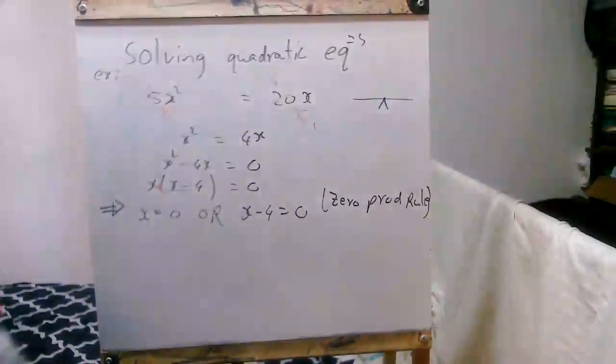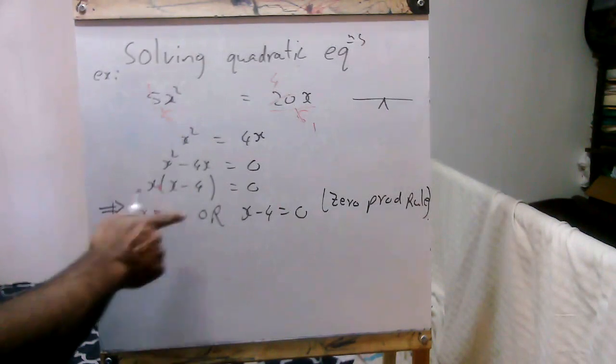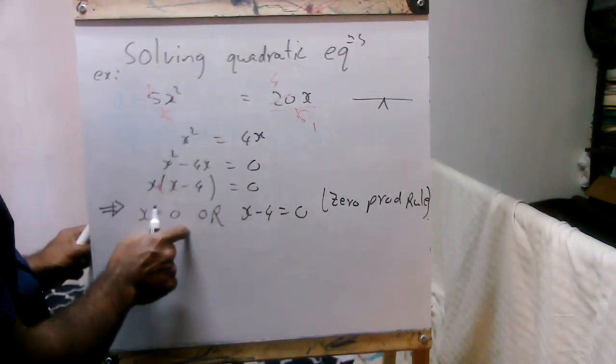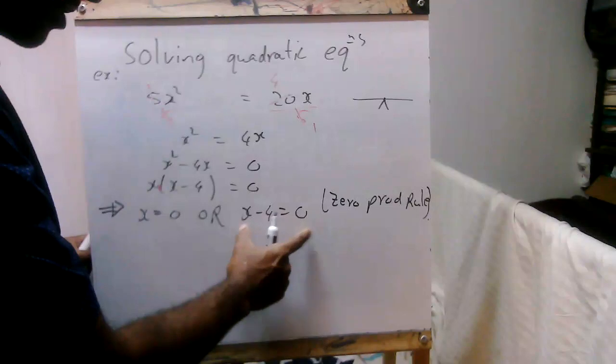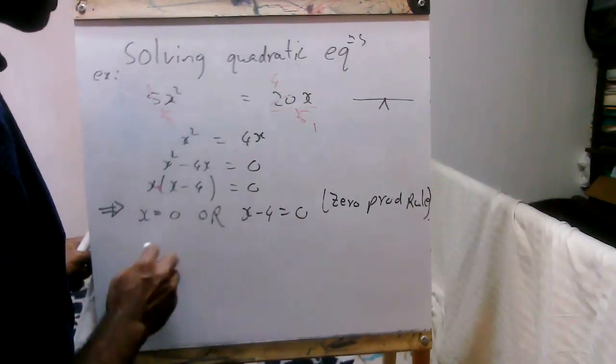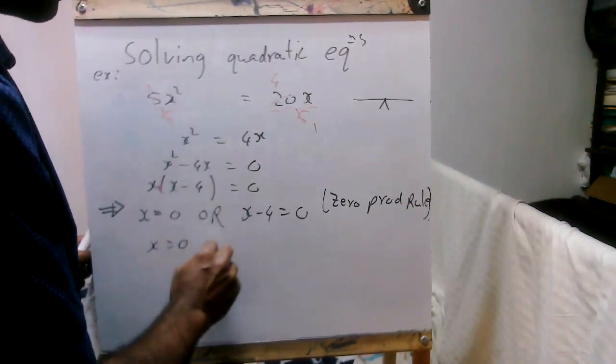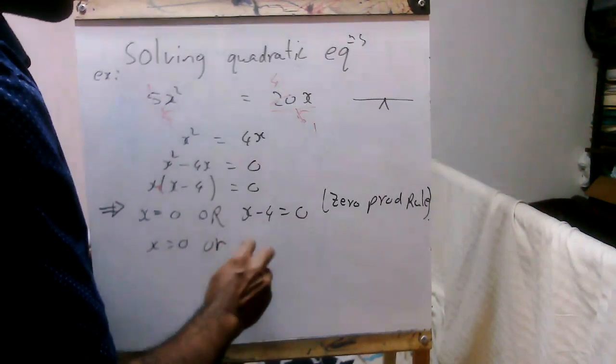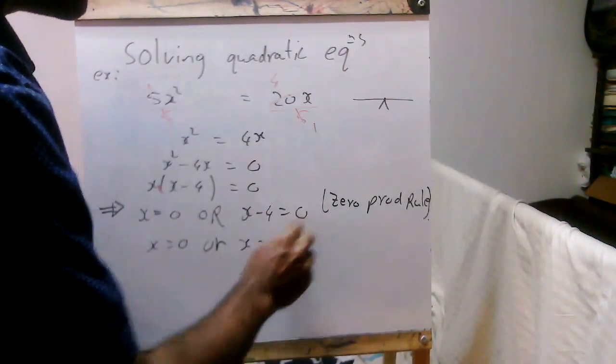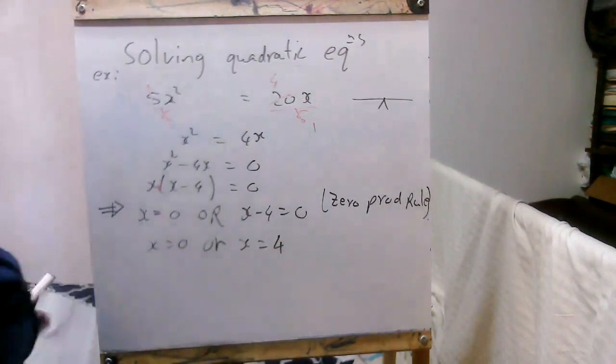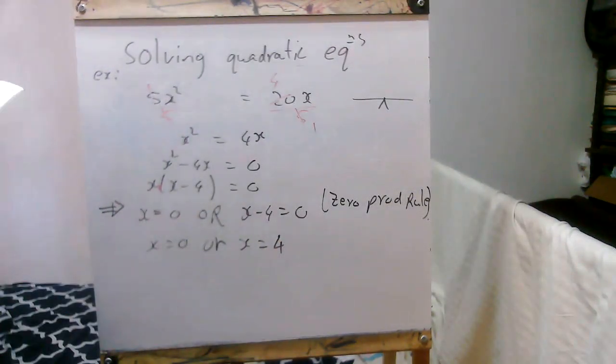This is called the zero product rule. So one of the answers is x equals 0. We can solve this one, x minus 4 equal to 0. That means x equals 0 or x equal to, take this 4 to the other side, positive 4.